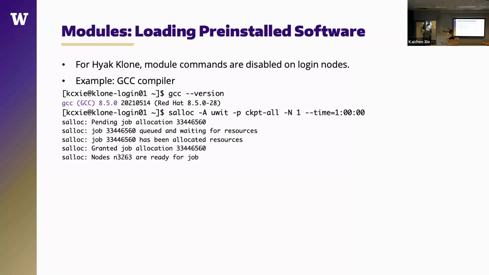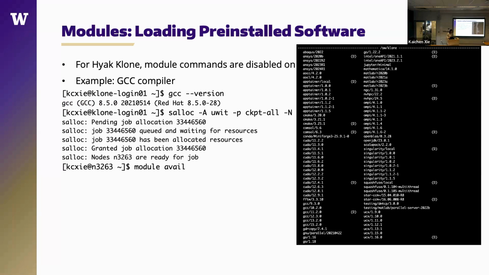And then I first request an interactive node, and you will see a job followed by the job ID telling you that your job is allocated. After you are allocated an interactive job, the prompt will change from the login node to the node list of the compute node.